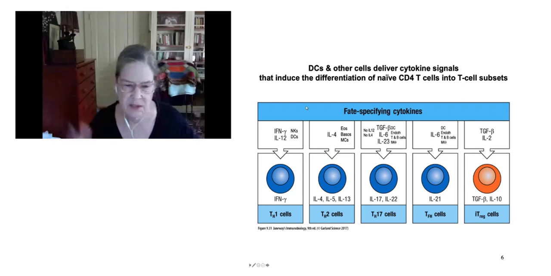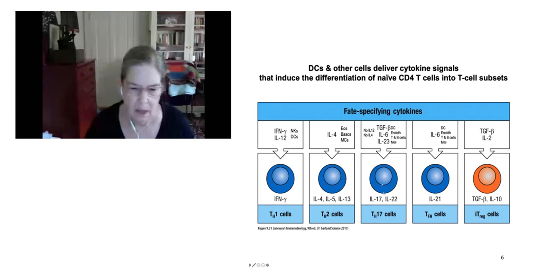So again, the T cell gets activated. It's naive. It doesn't know what it wants to do. But if you have these cytokines around, then it will force it to become a Th17 cell that will secrete IL-17 and IL-22. Or it'll become a Th2 cell or a Th1 cell and so forth, or a TFH cell.